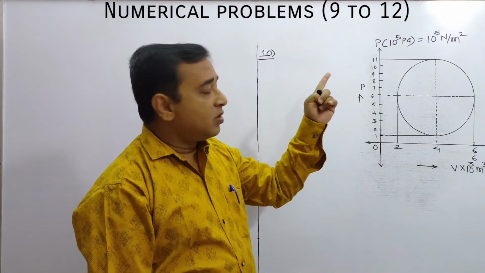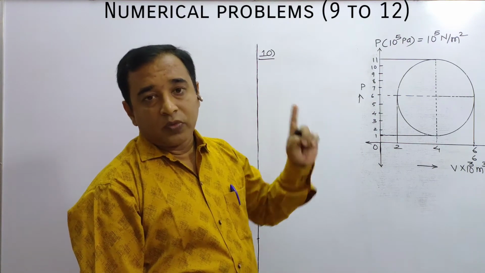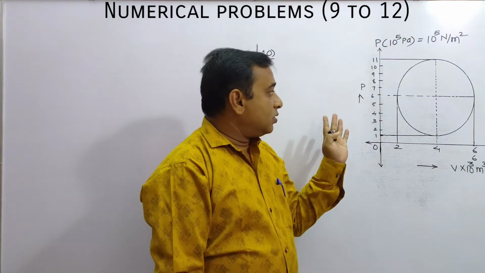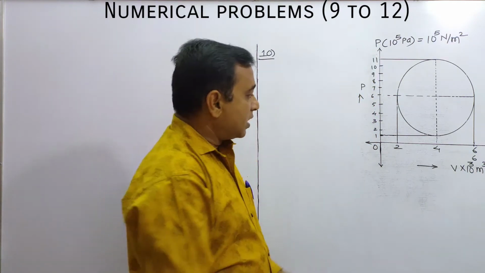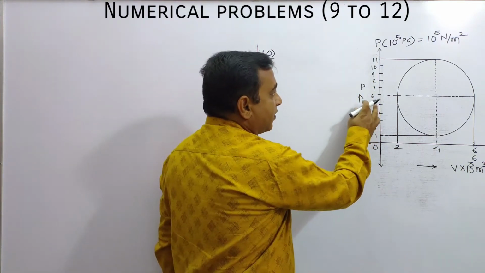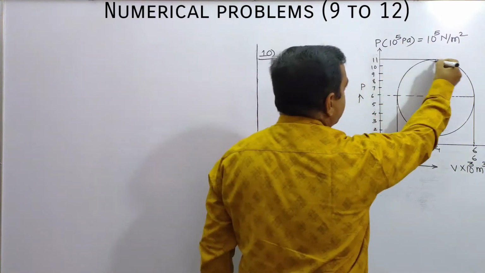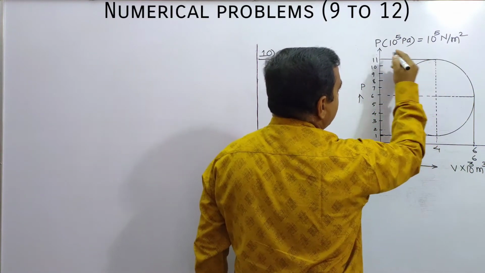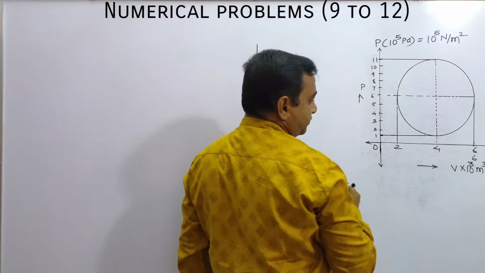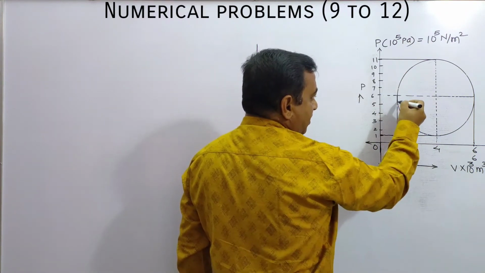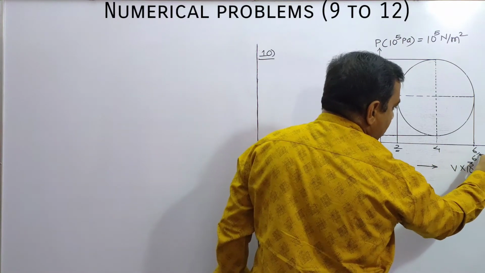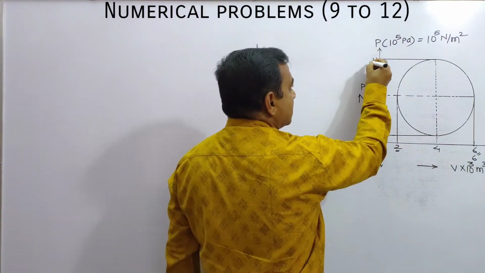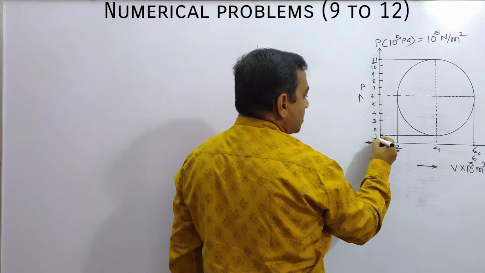We need to read the values on the y-axis: 1, 2, 3, 4, 5, and the topmost value is 11. The starting value on the x-axis is 2, whereas the last value is 6. These are the most important values for us.